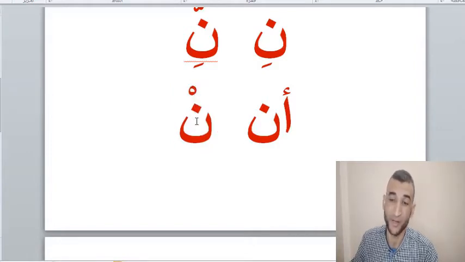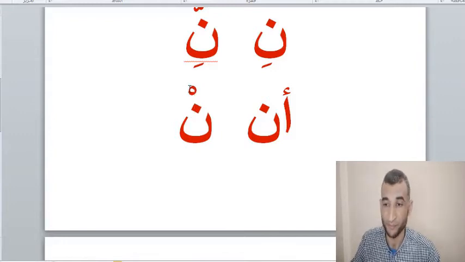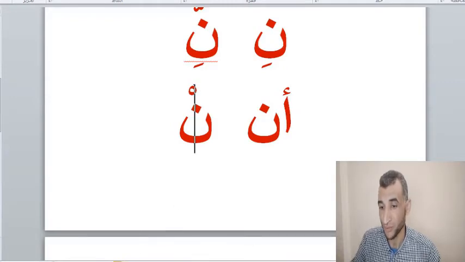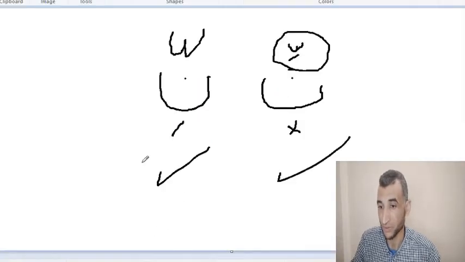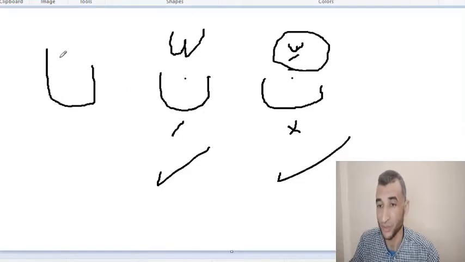Sometimes you can find the sign of sukoon above the letter noon in a different shape. So let me write it here. Sometimes you can see the letter noon here and the sign of sukoon like this, a circle above the letter noon.